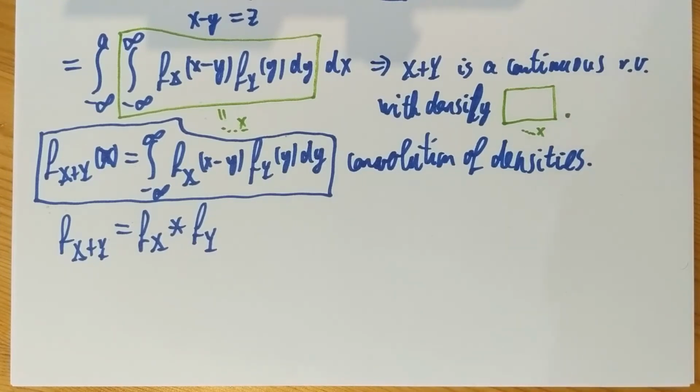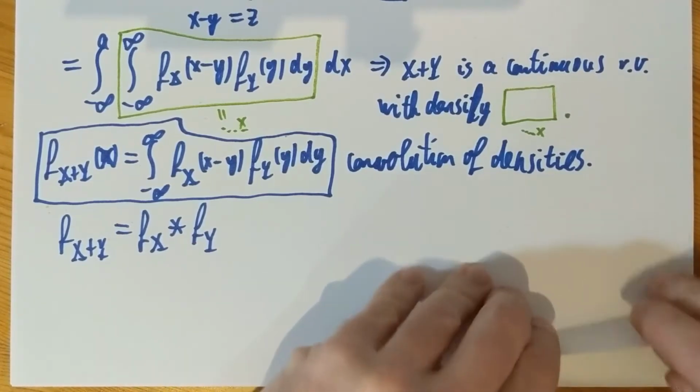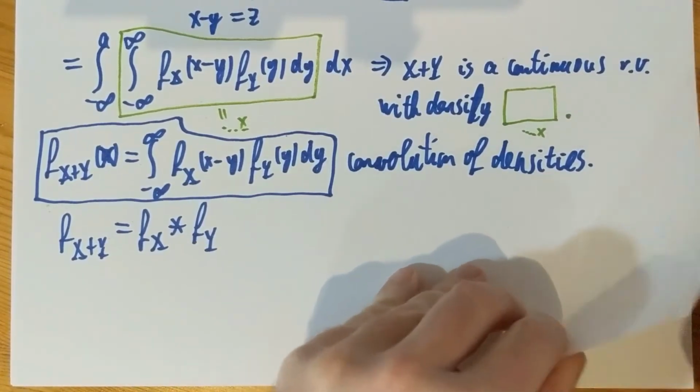Now what I want to do next is find the convolution of uniform random variables, and to do that I'm going to just take 2 uniforms, and the interval will be as simple as possible. It's going to be 2 uniforms on 0, 1. So next, let's do the convolution of uniform random variables. So, example.